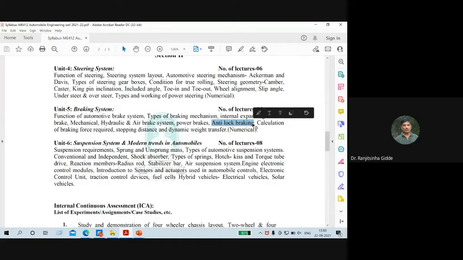Then, what is the brake force required to stop the vehicle in minimum distance? For that, we are going to see examples wherein we calculate the braking force required, how much force is required. At high speed, a large braking force is required. Sometimes for a highly loaded vehicle, a large braking force is required.